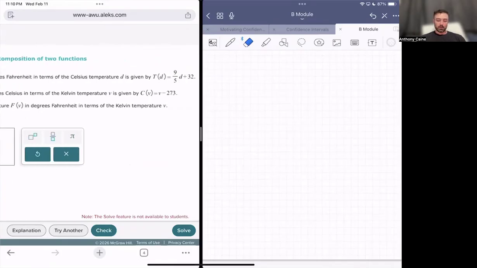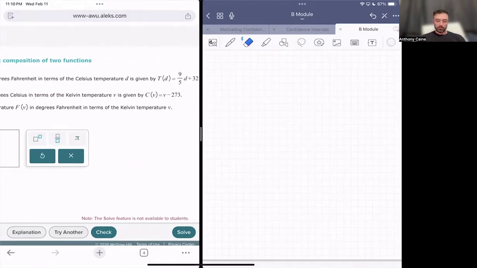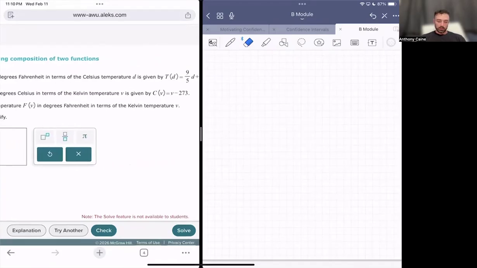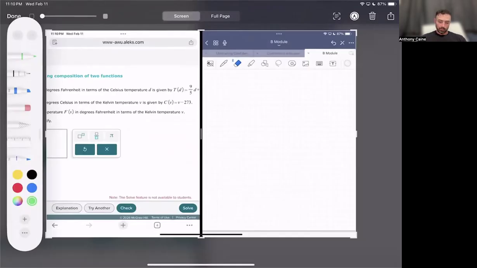In terms of Celsius temperature D, they're letting you know the letter D represents Celsius temperature, right? So really what I'd want to say is F as a function of C. That makes more sense to me. I input Celsius, I output Fahrenheit. And then it's 9/5 C plus 32.